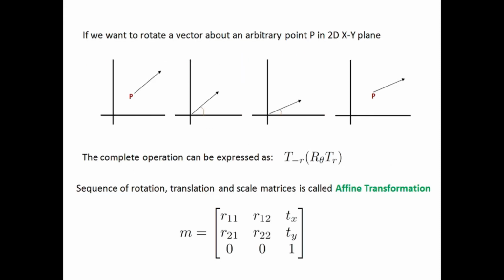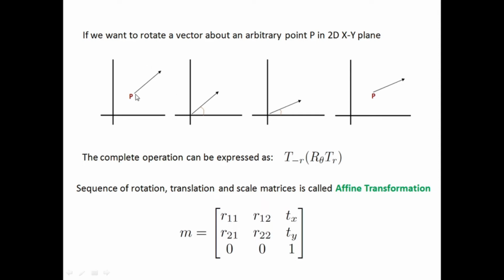And coming to here, we have a concept: suppose I want to rotate a vector. Let me assume this is the point P, which is indicated here, and the origin of the 2D space is present here. If I want to rotate a vector at an arbitrary point P, I may rotate here, or I may rotate in this direction.